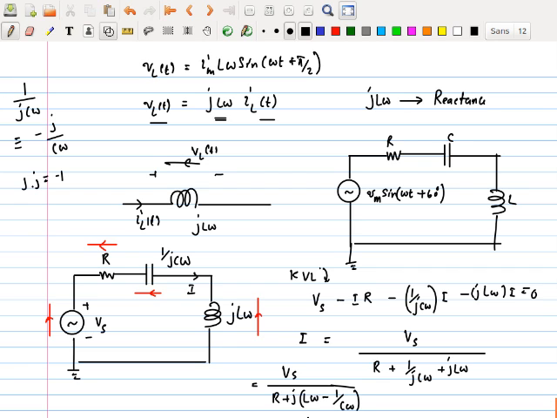The only thing is you are working with complex numbers rather than the fixed values you worked with earlier. That's it. Right? The only part that we don't know is how to convert that voltage source into something that is analyzable in the AC form.